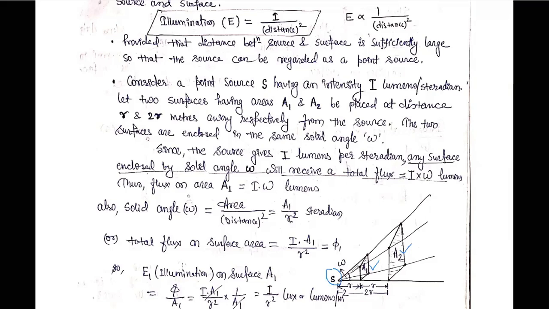So as per the inverse square law, for this particular surface, illumination should be inversely proportional to 1 upon R square, and for the second surface having area A2, illumination should be inversely proportional to 1 upon 2R square, that is 4R square. तो ये चीज प्रूफ होता है या नहीं, हम लोग इसको एक छोटा सा डेरिवेशन करके देखते हैं, so that we can prove that this inverse square law satisfies the general condition.